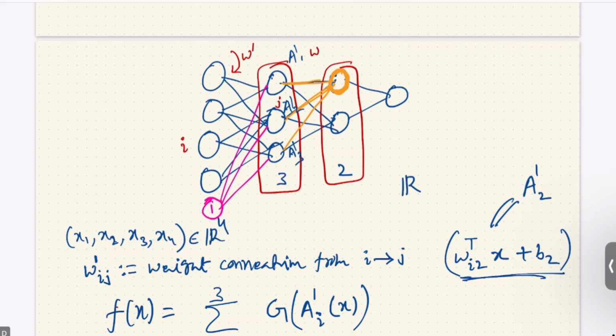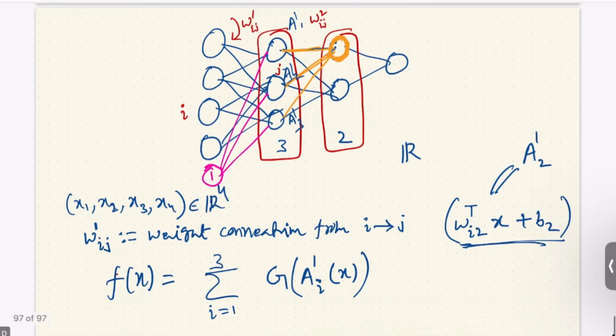Now, the weights associated with the second layer, I will write up here W^2_ij, the weights notation. The superscript is always layer dependent, so that you don't get confused with different symbols.